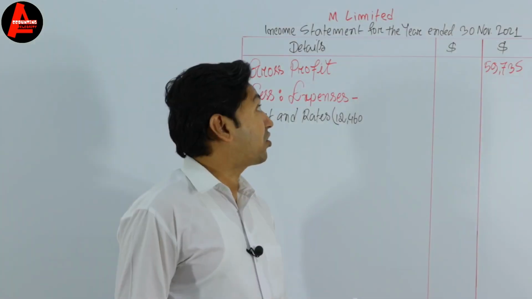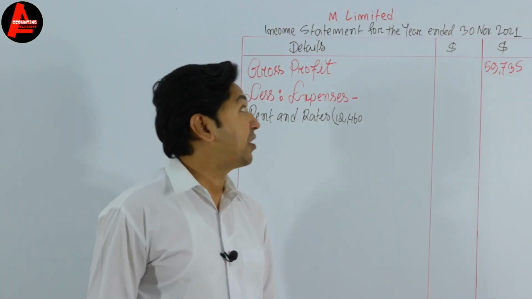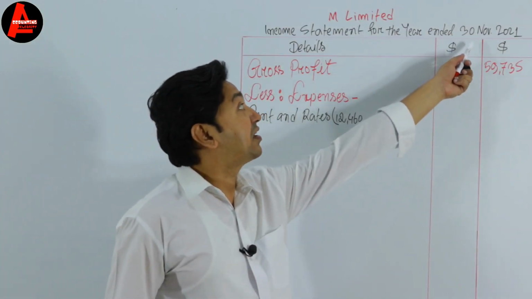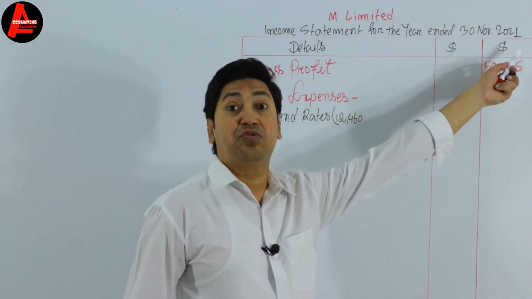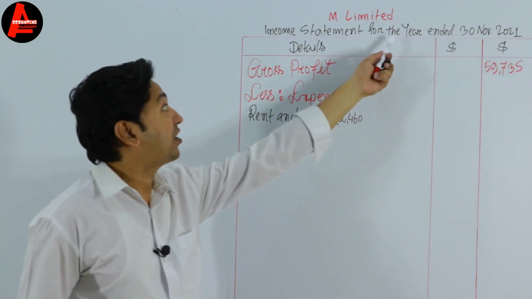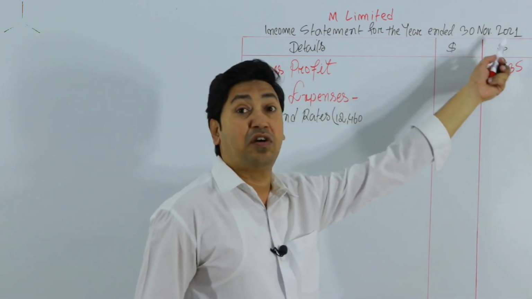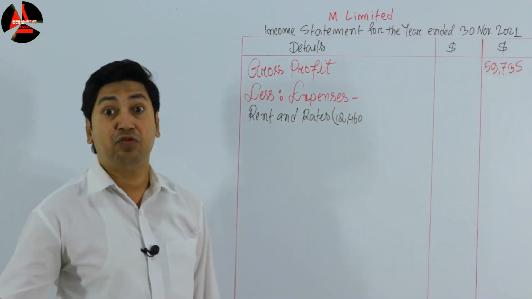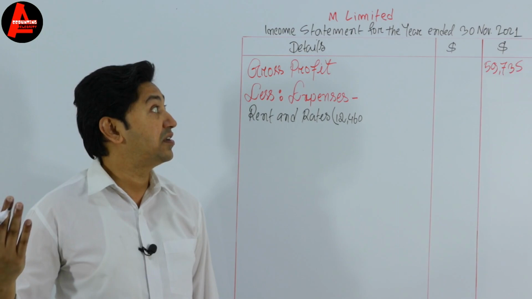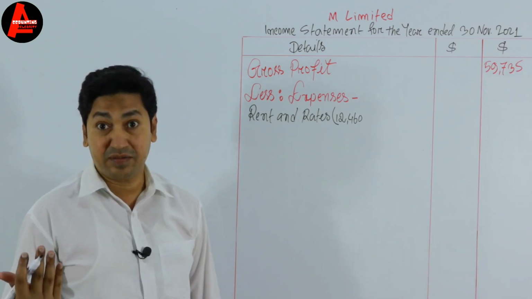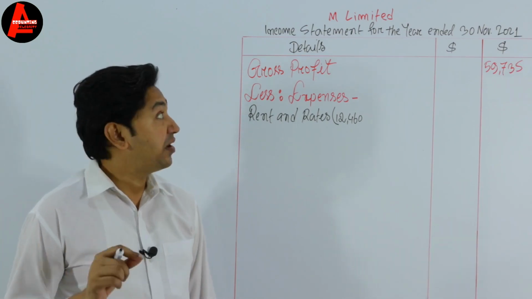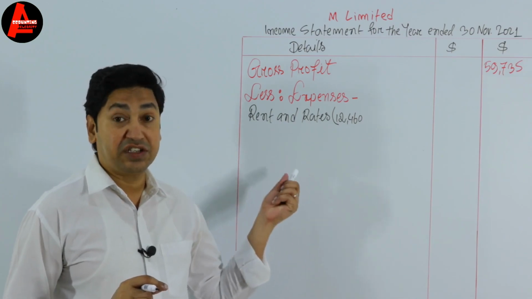So 1st October to 31st December. Our accounting closing year is 30 November 2021. It is written that for the year ended 30 November 2021. But here we paid until 31st December 2021. So here the December month is not relevant to this financial year.